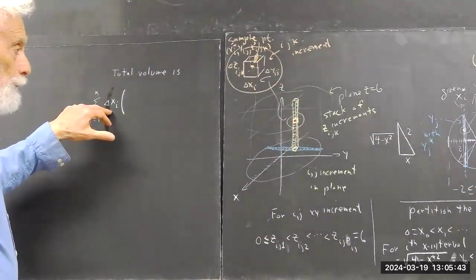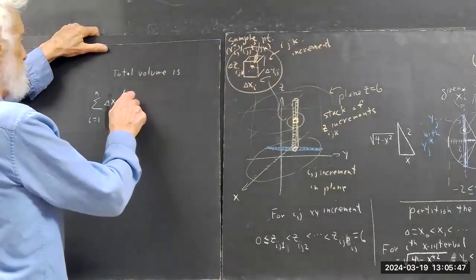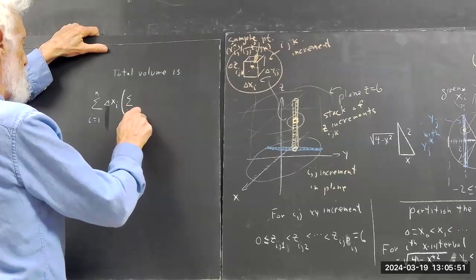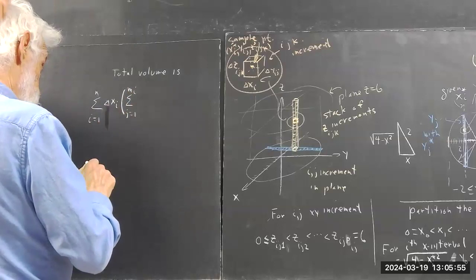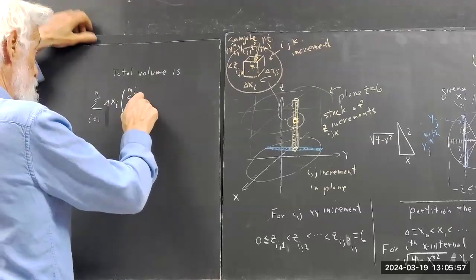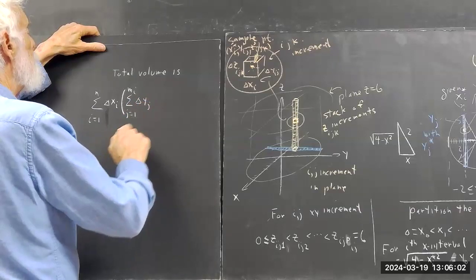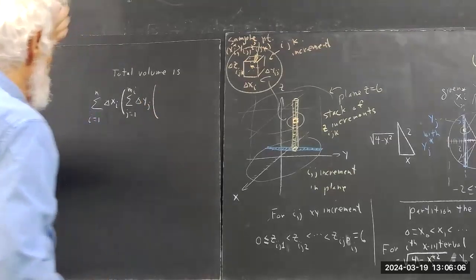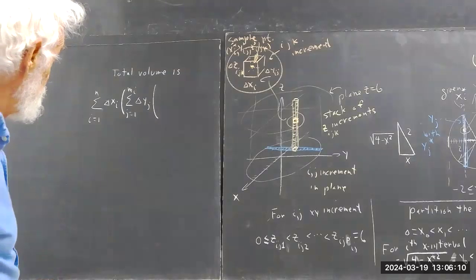So it's going to be the width of this increment multiplied by the delta y sub j's that I sum up.